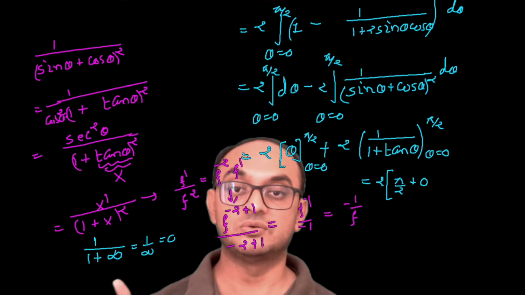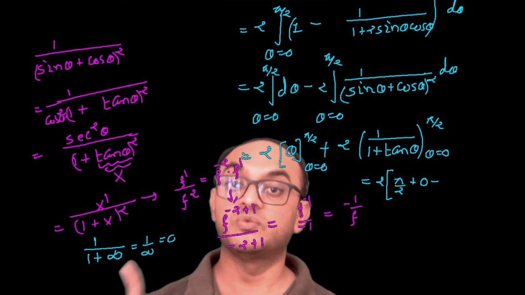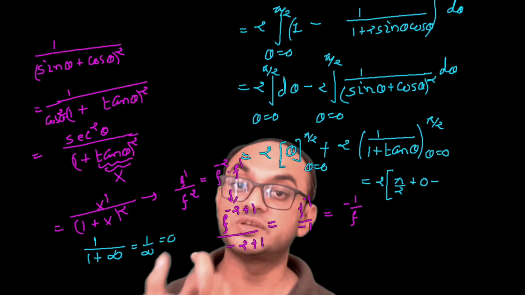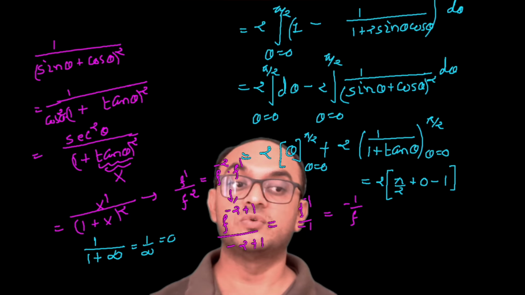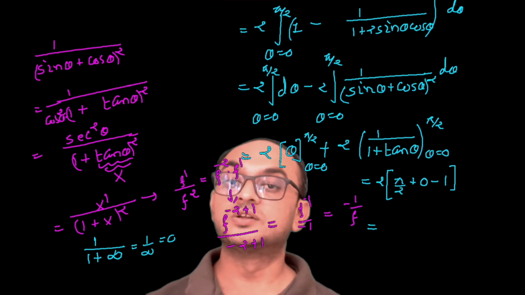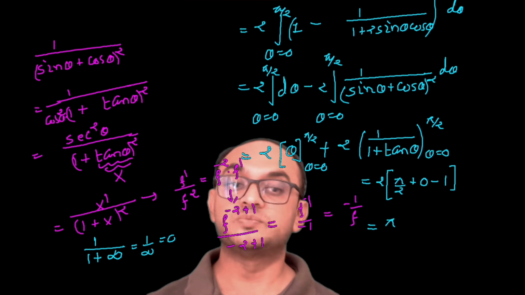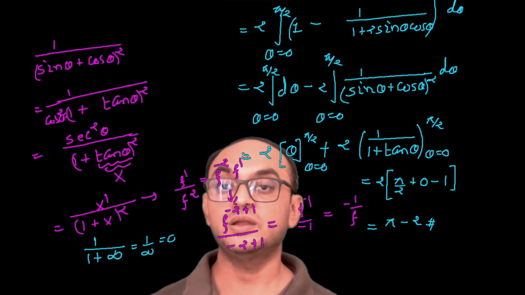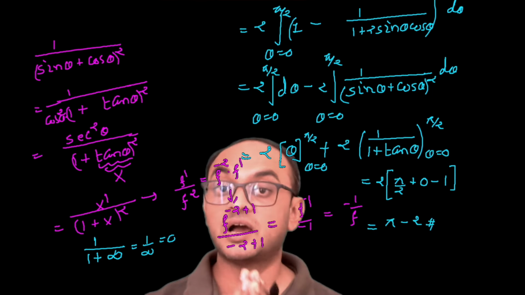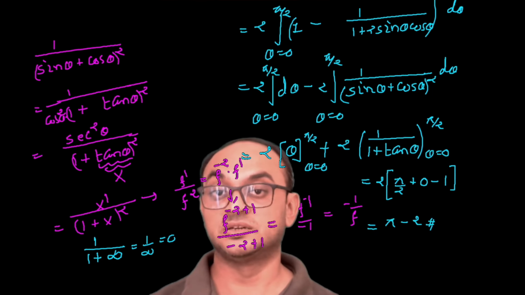Then the minus sign for the lower limit: when theta equal to 0, tan 0 is 0, so this is only 1. And therefore the final answer is 2 times pi by 2, which is pi, minus 2. This is the area of this region.